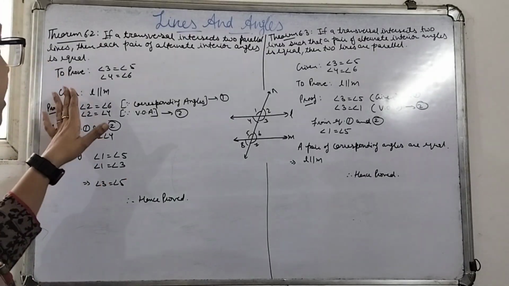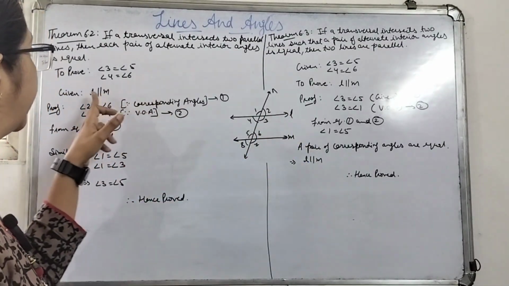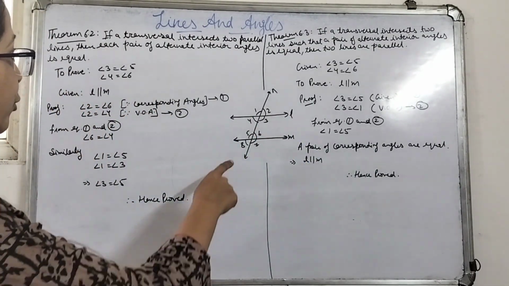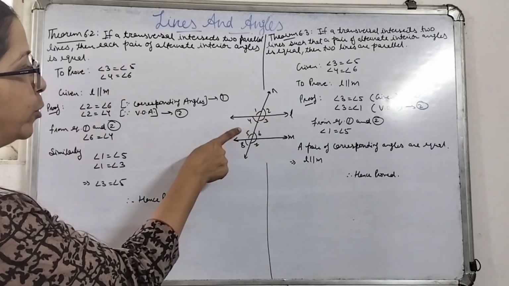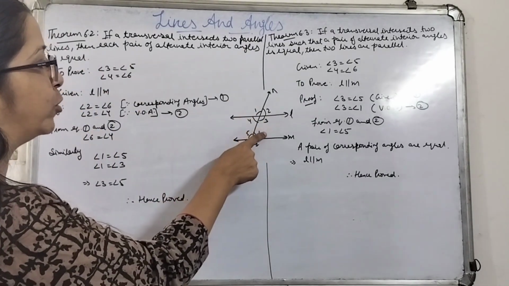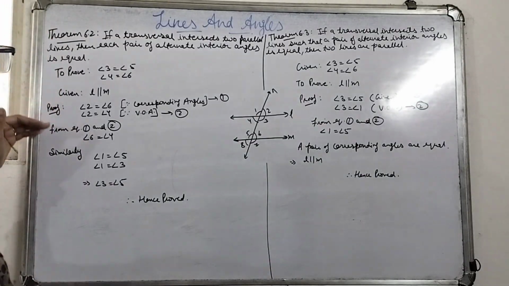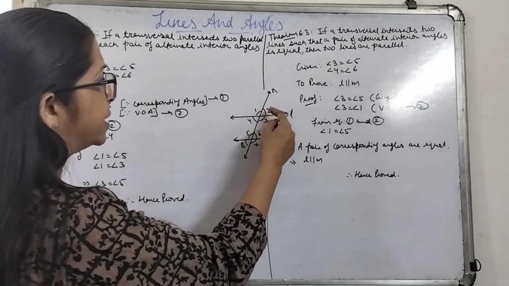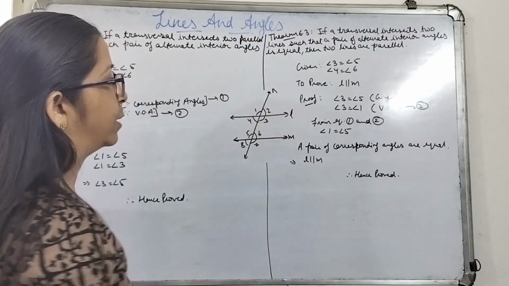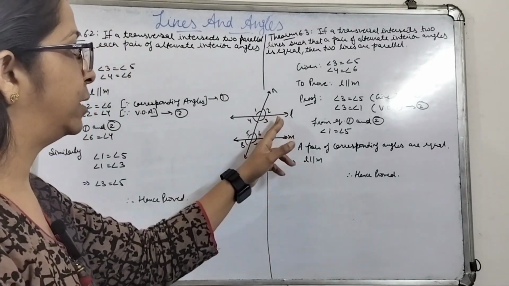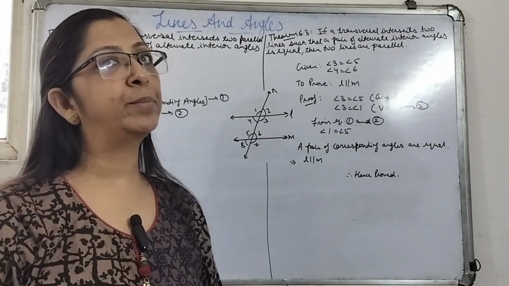So what is given to us is that L is parallel to M. And we have to prove that angle 3 is equivalent to angle 5 and angle 4 is equivalent to angle 6. Now in the proof, just now we have seen in the axiom that if lines are parallel, then the corresponding angles will be equal.